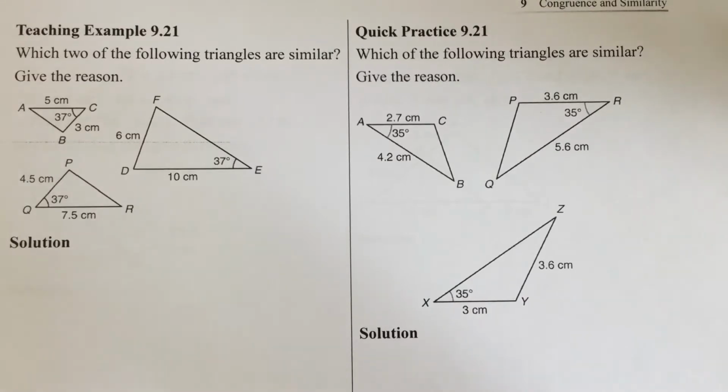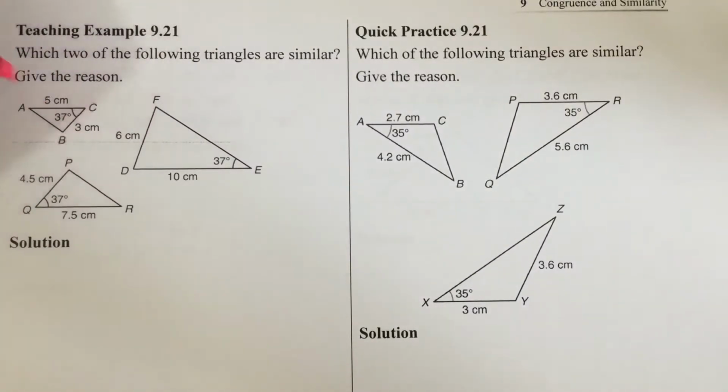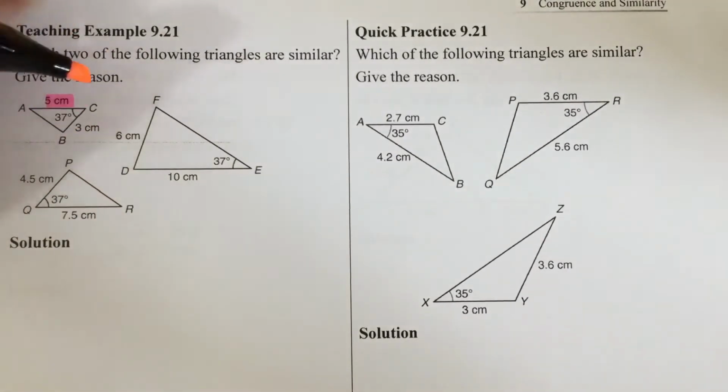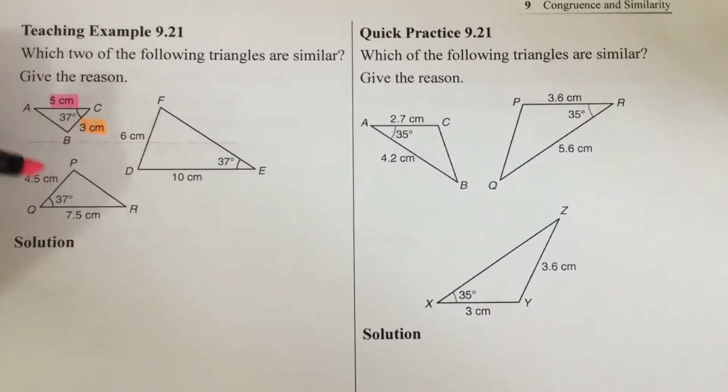So let's look at the angle I give to you, 37 degrees. I think all three of them are 37 degrees, so there's no problem. But we can distinguish which one does not belong to the same group, because every time you see 37 degrees here, it is between 5 cm and 3 cm, between two lines here, and this one is 4.5 and 7.5 between these two lines.